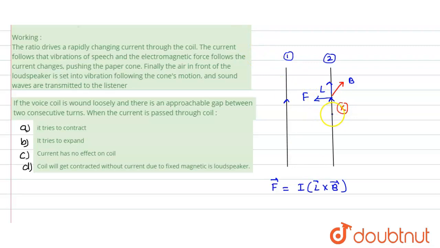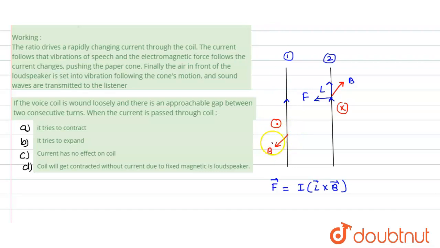Now we consider the magnetic field due to the second wire on the first wire. If we use our right hand thumb rule, place the thumb of the right hand in the direction of the current in the second wire and curl our fingers, the curling gives the direction of the magnetic field. So it would be coming out of the plane of the paper.